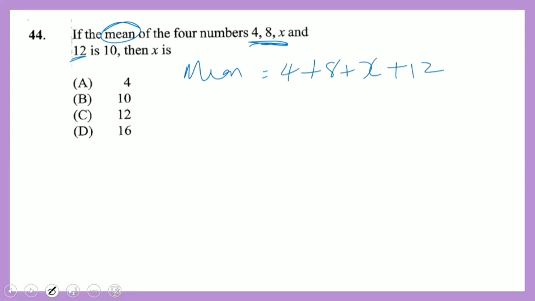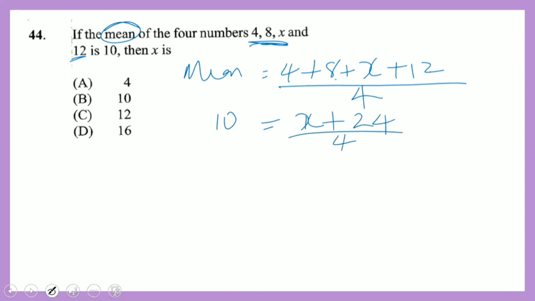Big up to my grade 5 teacher who taught me that song. So we divide by the number of numbers, and we should get the answer 10. When you add up the numbers, 4 plus 8 plus 12 plus x, that's x plus 24, I think? Yup.